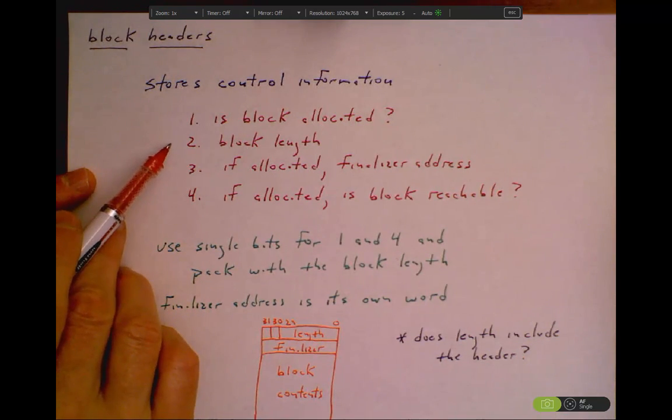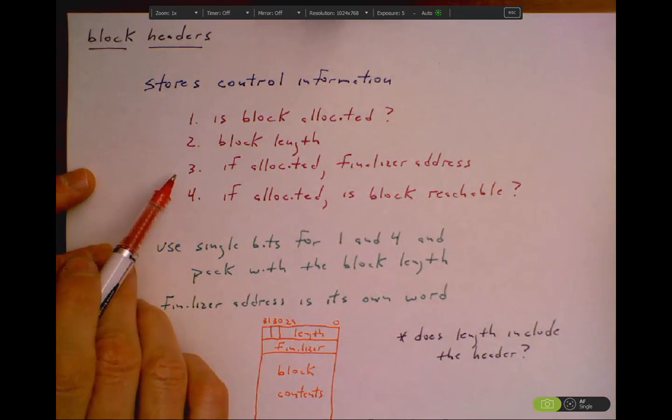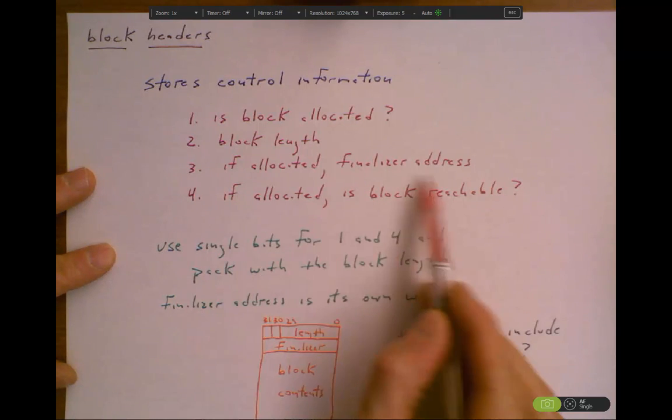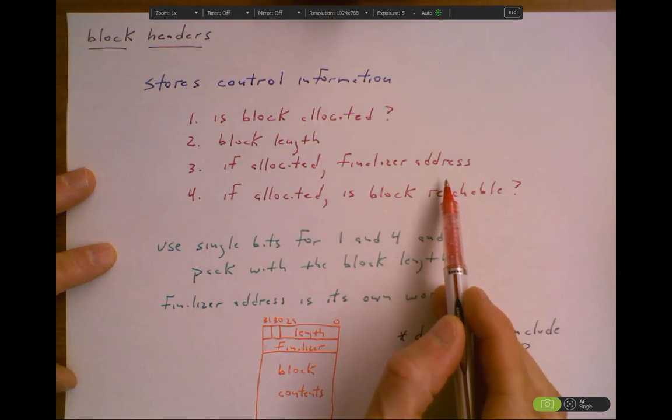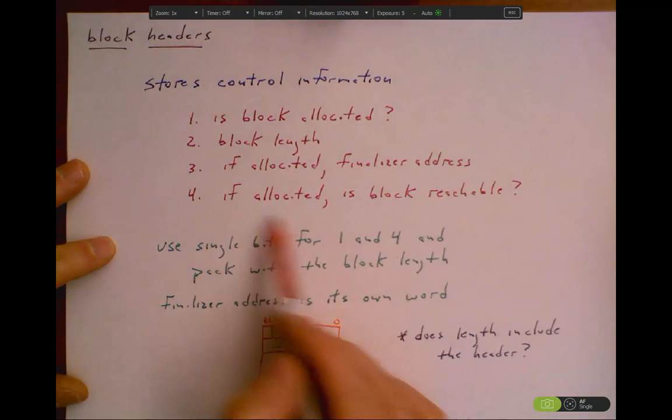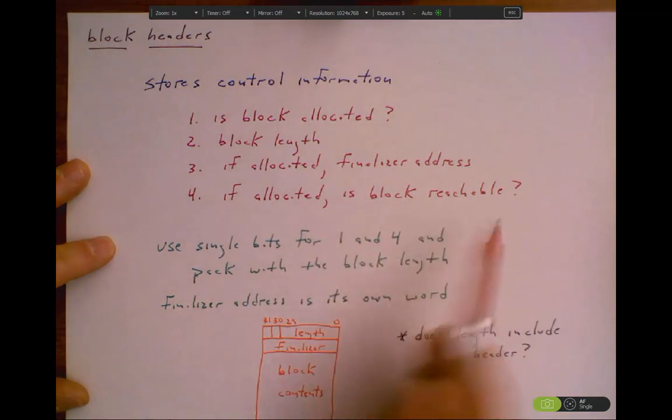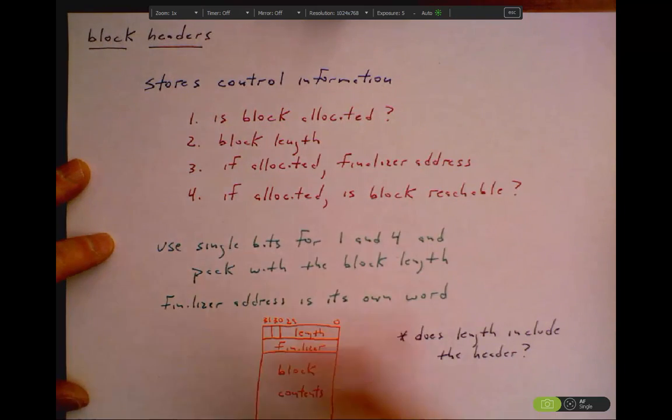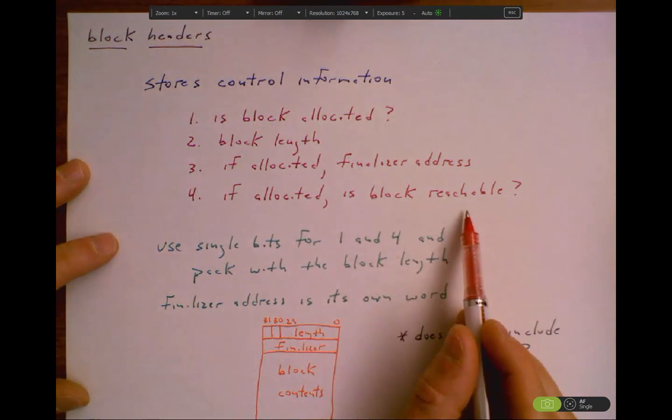I need to know how long each block is. And if it's allocated, I need to know what's the finalizer address to be called when I deallocate this block. And also, if allocated, is the block reachable? We'll call this the mark bit later, and we'll talk about it more when we're talking about garbage collection.